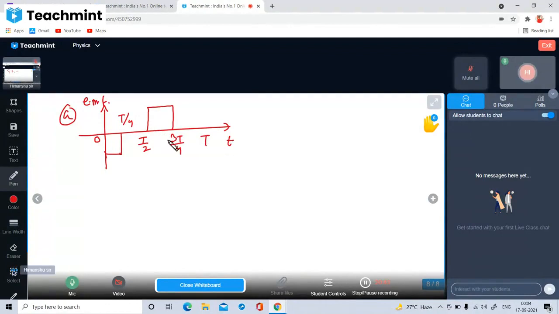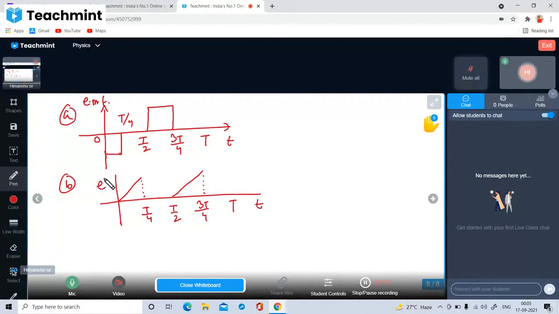The y-axis is EMF and this is the time axis. Okay, this is option A. Option B is like Howrah Bridge: t by 4, t by 2, 3t by 4, and here is t, and here EMF E in the y-axis.